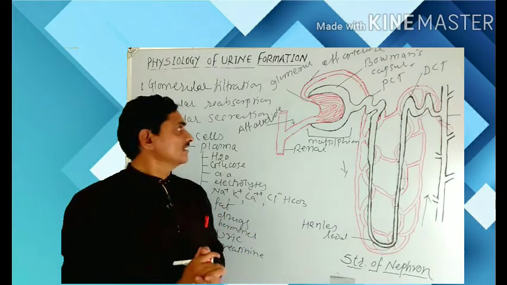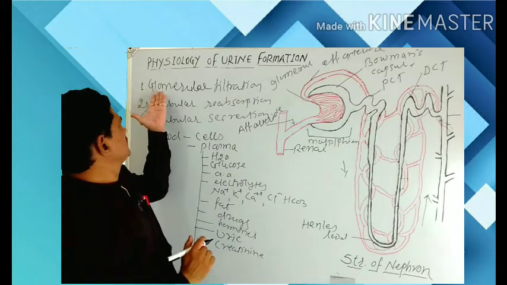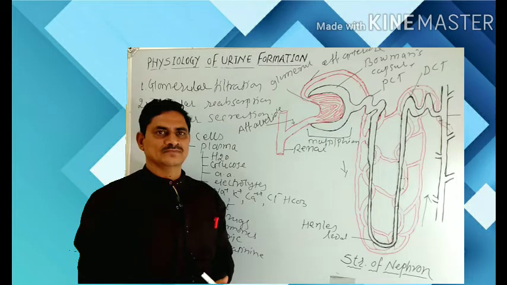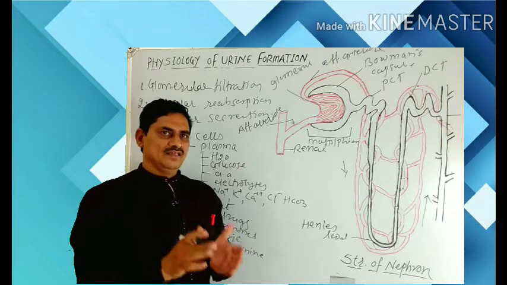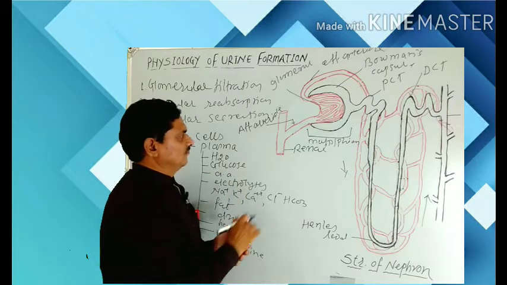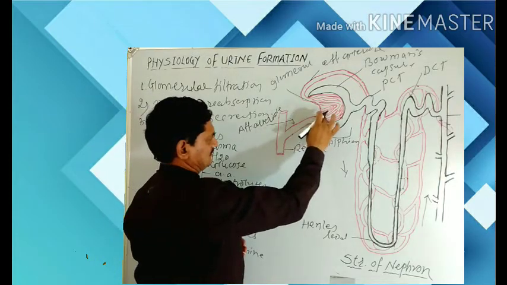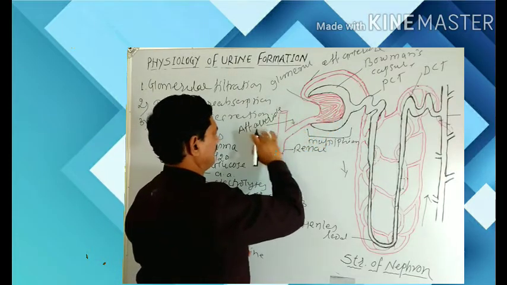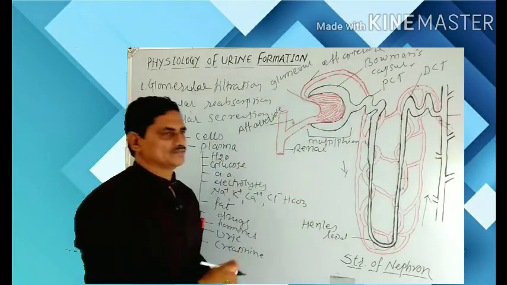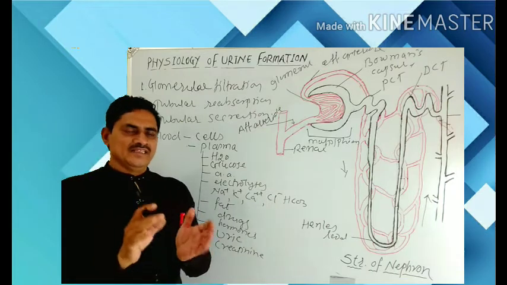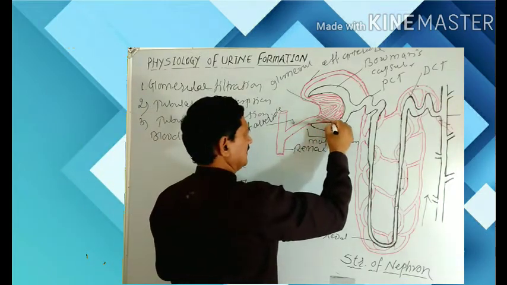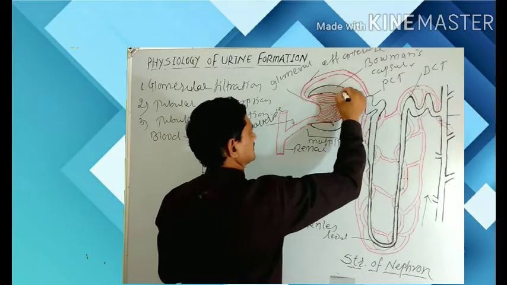Then let us turn towards what actually is glomerular filtration. The blood components which are carried by the renal artery or this afferent arteriole into this Bowman's capsule are filtered and enter into this space.